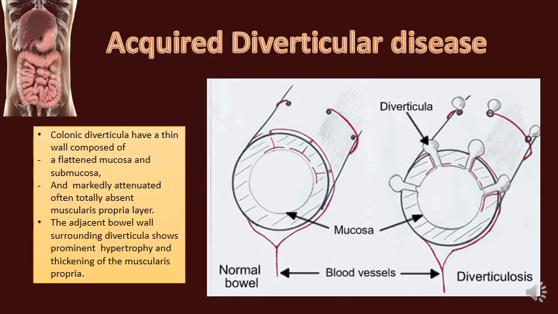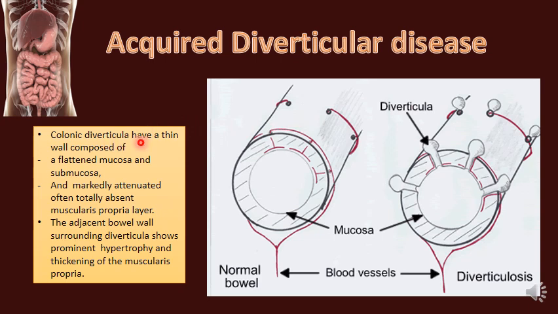As we have seen before, the true diverticulum, which is the Meckel's diverticulum, we have here the acquired diverticular disease or diverticulosis. It's an acquired disease. It occurs in old age, mostly in the sigmoid colon, because of weakness of the intestinal wall.